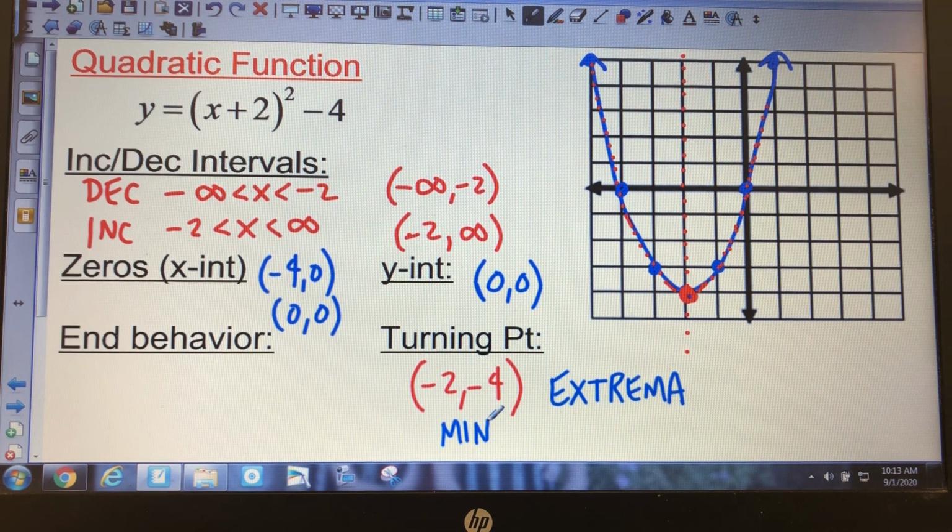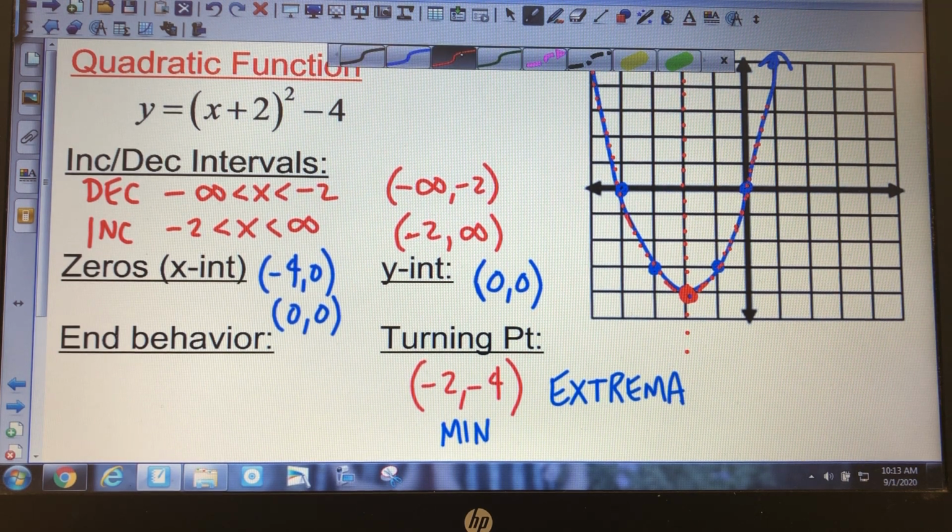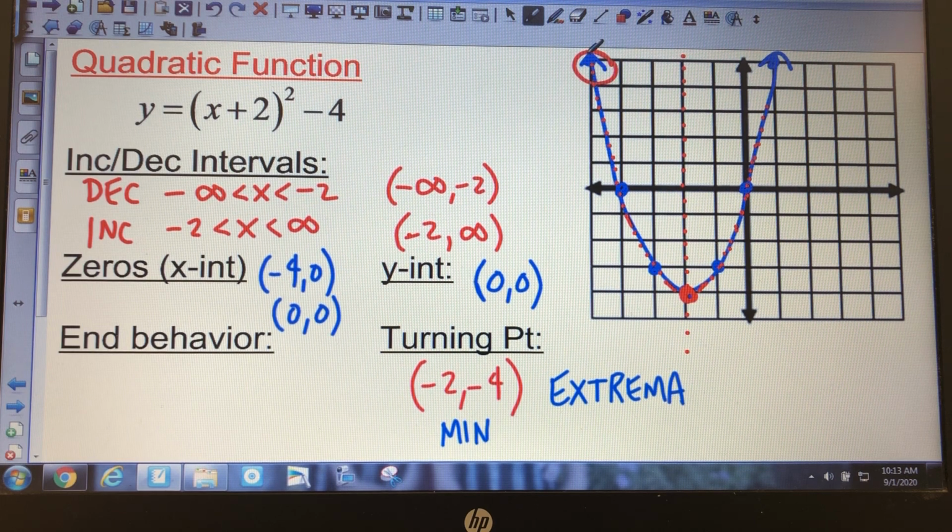Okay, end behavior. So again, look at your end behavior. Look at these guys. That's your end behavior. So as we're going to the left, what's x going towards? What's y going towards? Well, as we go to the left, x approaches negative infinity, y approaches positive infinity.